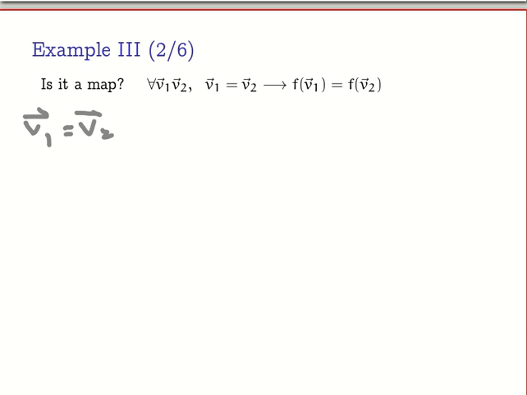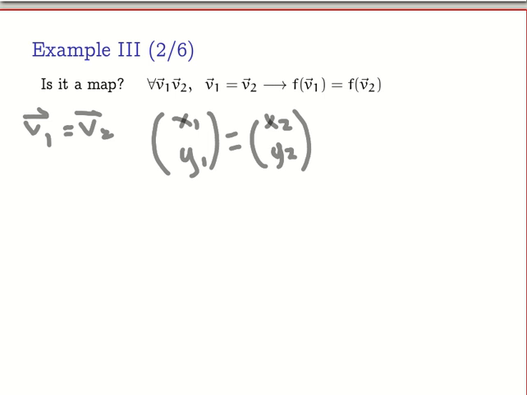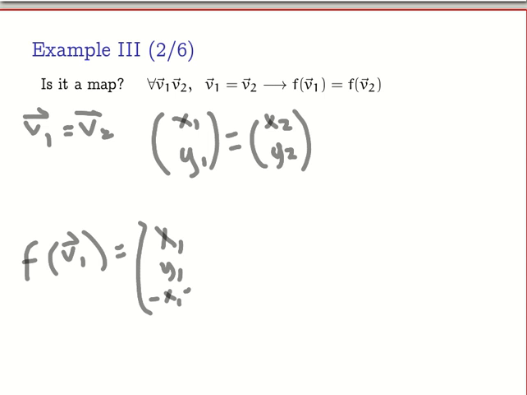What this means is that we're assuming that (x1, y1) equals (x2, y2). Well, let's consider what f of v1 is. F of v1 equals (x1, y1, minus x1 minus y1).